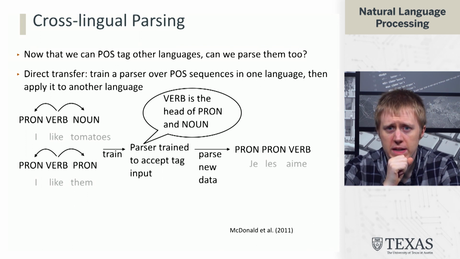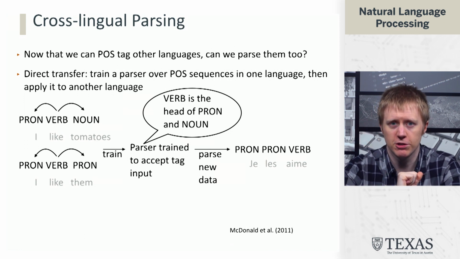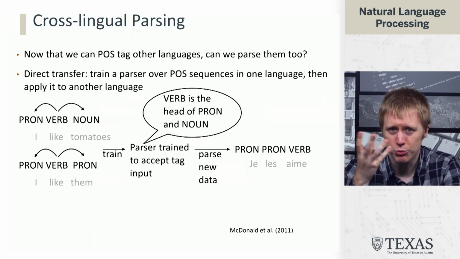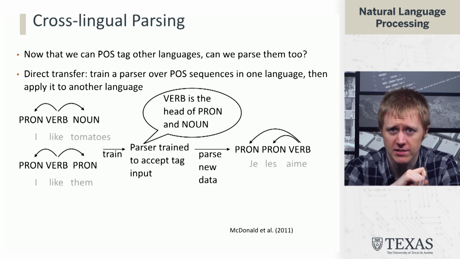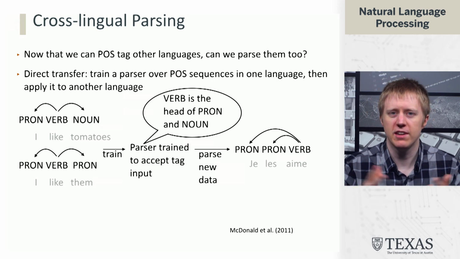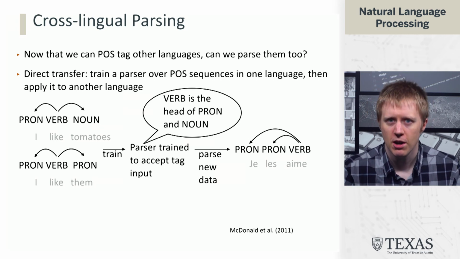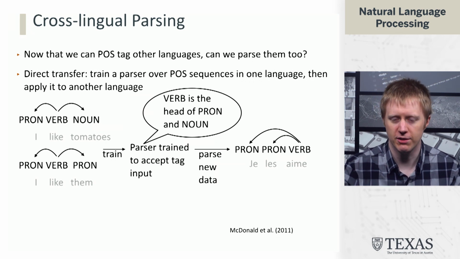And now if we get a sentence in French, je les aime, pronoun, pronoun, verb. This is not the kind of thing that our English parser will have seen before, right? But regardless, this simple rule that this parser has learned is still going to produce the correct parse in this case. And so if we see enough examples of different languages, we should be able to train a parser that can flexibly handle different situations here.